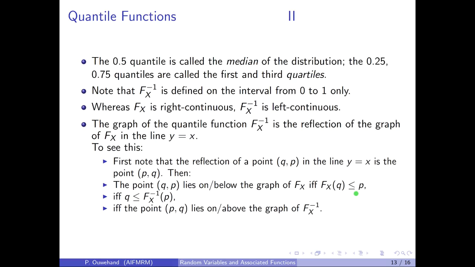By the relationship between CDFs and quantile function, this is the case if and only if q is less than or equal to the quantile function evaluated at p. And that is the case if and only if the point (p, q) lies on or above the graph of the quantile function. In other words, a point (q, p) lies on the graph of the CDF if and only if its reflection, the point (p, q), lies on the graph of the quantile function.